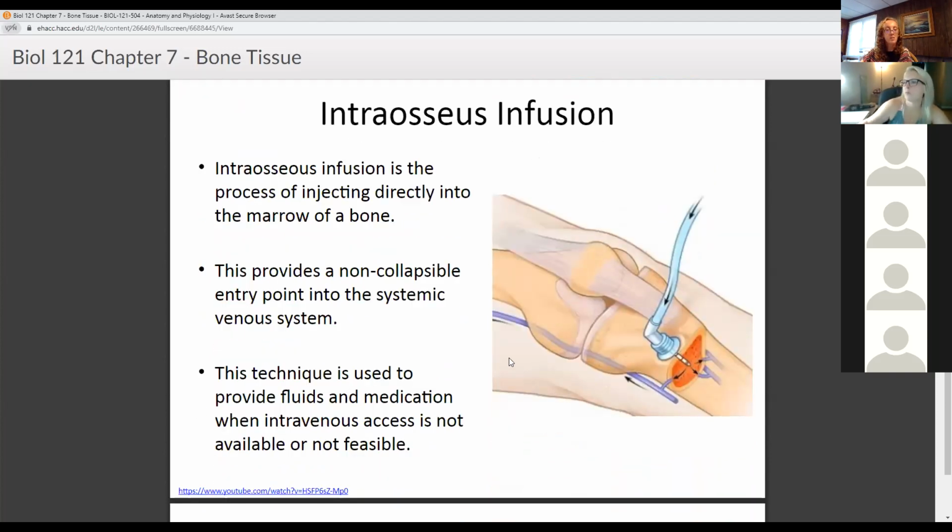An interesting procedure is intraosseous infusion, which is the process of injecting directly into the marrow of the bone. This provides a non-collapsible entry point into the systemic venous system. If you think, this is where all blood is coming from, bone marrow.